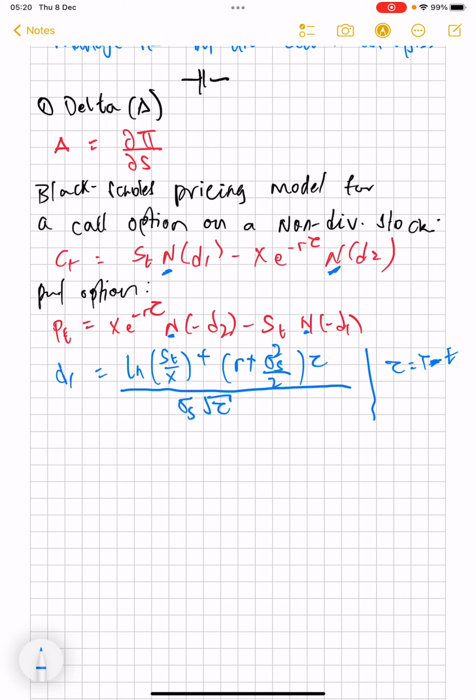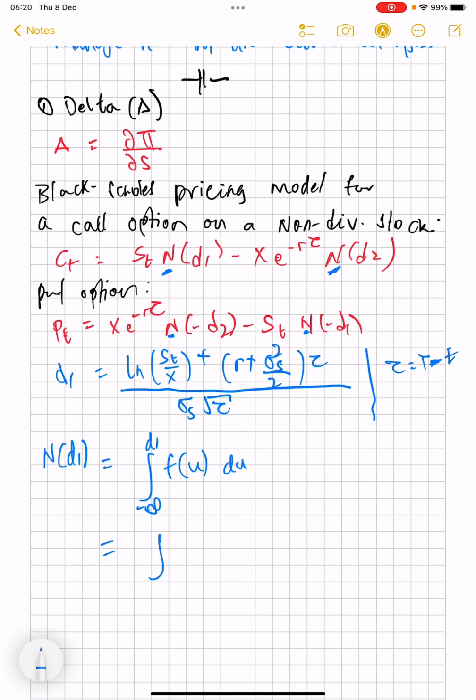Alright. Now, what is N of d1? N of d1 is the cumulative density function of d1.